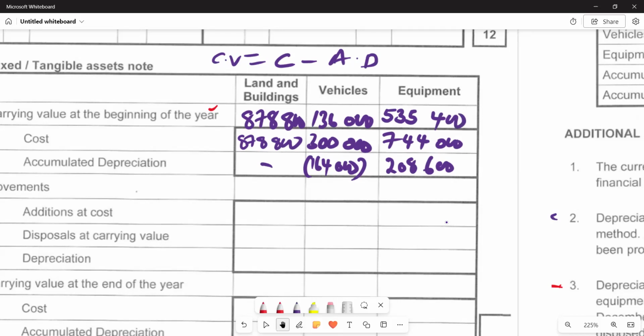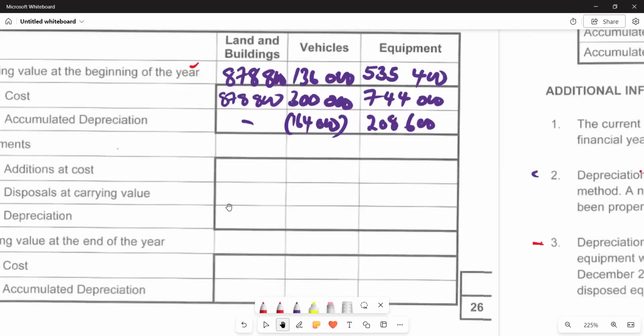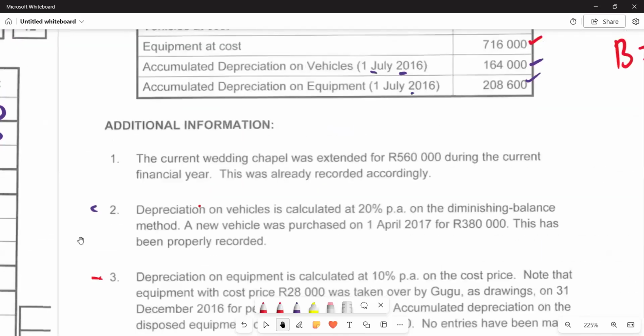Then we go to movements now. On movements, for additions, we're going to check where we have additions. But you'll see that additions, we already have them on land and buildings and vehicles. So for land and buildings, remember, it's stated here that there was an addition of 560,000. And then we check again for vehicles, it was stated that a new vehicle was purchased on April 17 for 380,000.